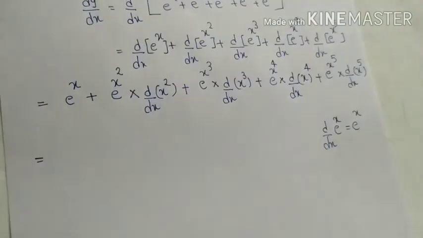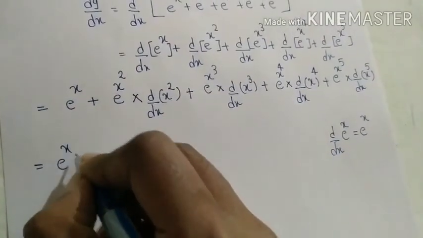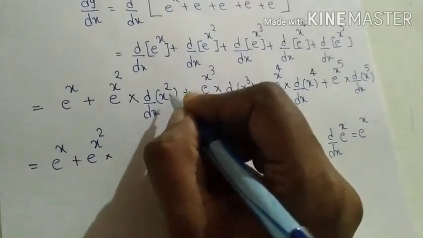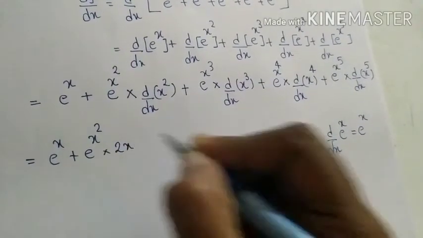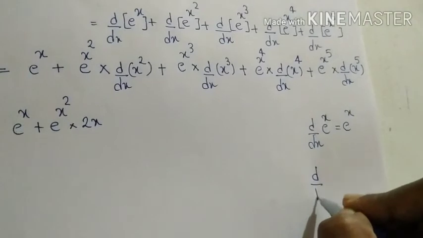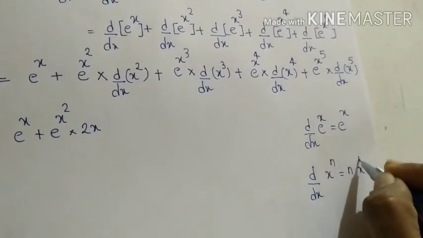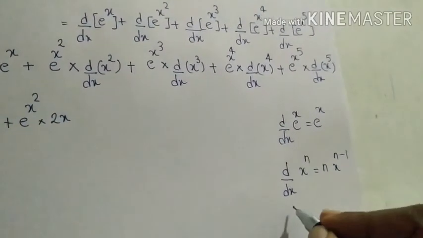Which will be further equal to e raised to x plus e raised to x square into the derivative of x square, which is 2x. We know that the derivative of x raised to n is n x raised to n minus 1, right?